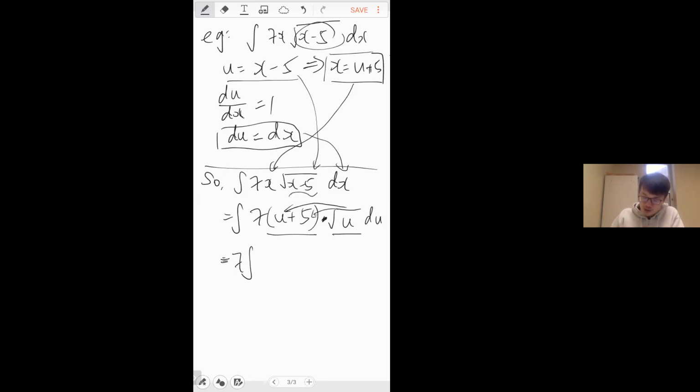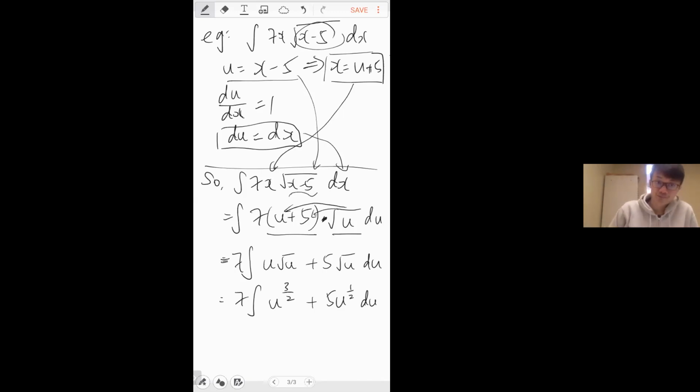So I get u times square root of u plus 5 times root u. This equals 7 times the integral of u times square root of u, which is u to the 3/2. And for the second term, 5 times root u, this is 5 times u to the 1/2.